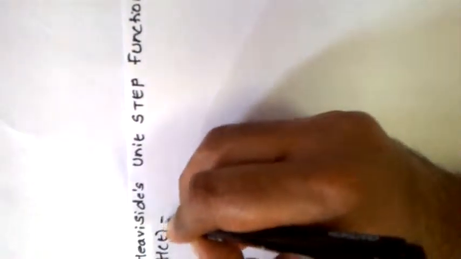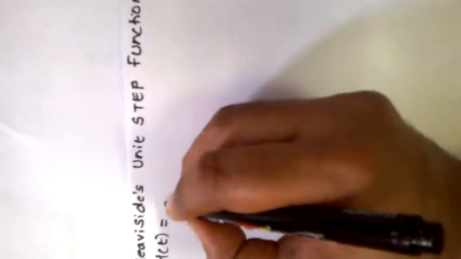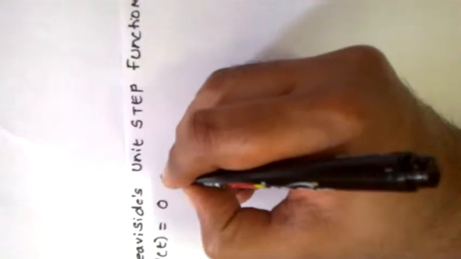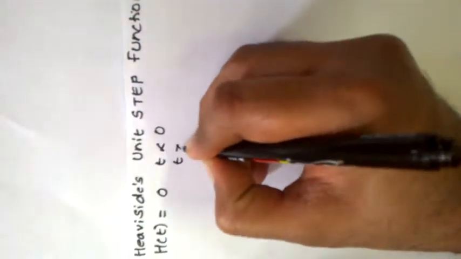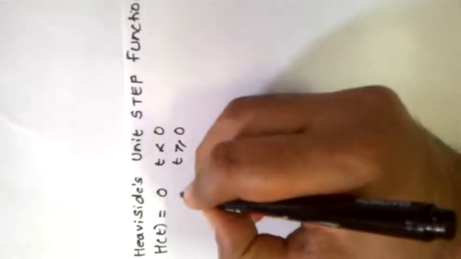It is denoted as h of t and is defined as 0 when we are in the interval t is less than 0, and in the interval t greater than or equals to 0, the value of the function is 1.